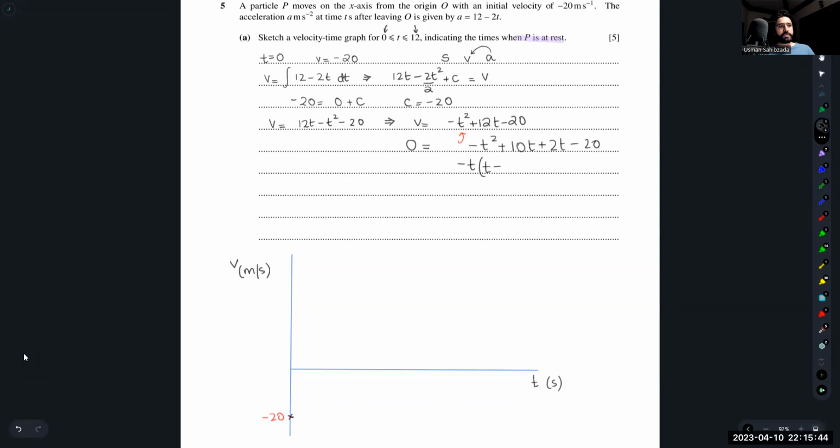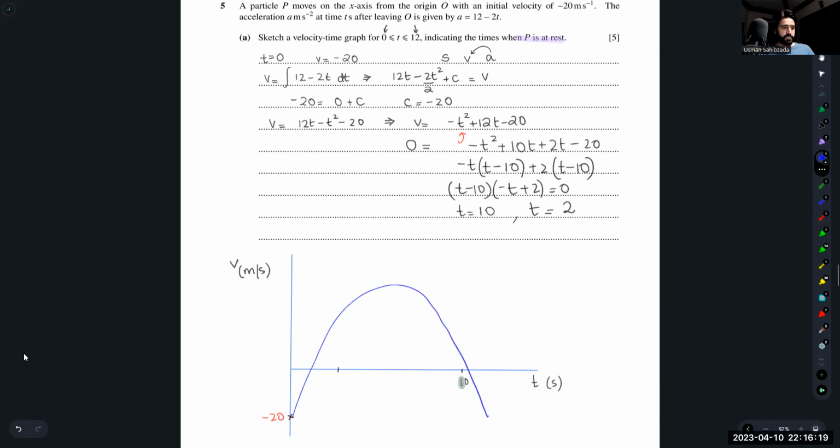Negative t common, t minus 10 plus 2 common, t minus 10, t minus 10 common, minus t plus 2 equal to 0. One value of time is 10 and the other is +2. So you know that after 2 seconds and after 10 seconds, this object will cut the time axis. Okay, so 2 and 10.